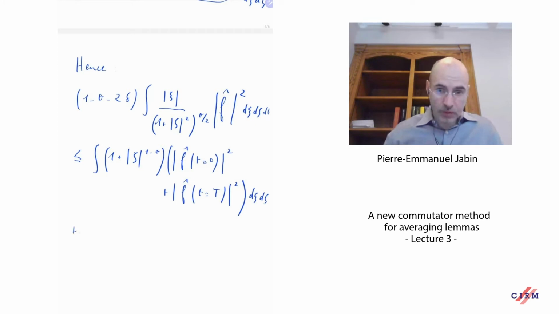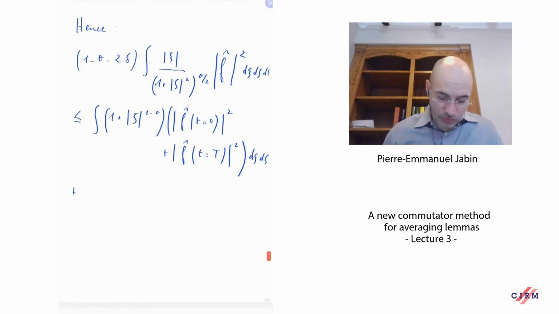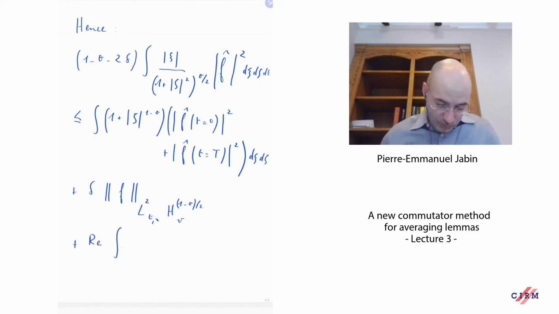You're also paying with some sort of L2 norm in time of f. It's L2 of t and x, and it's H to the 1 minus theta over 2 in v, plus the duality term that I haven't done anything with at this point. It's f star g, t theta. All right.